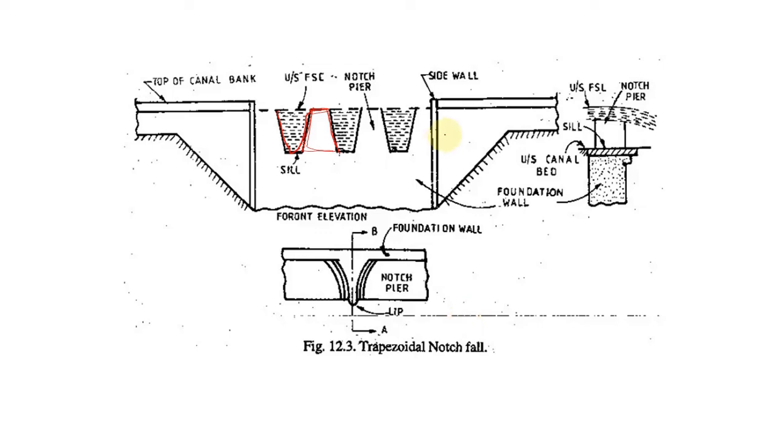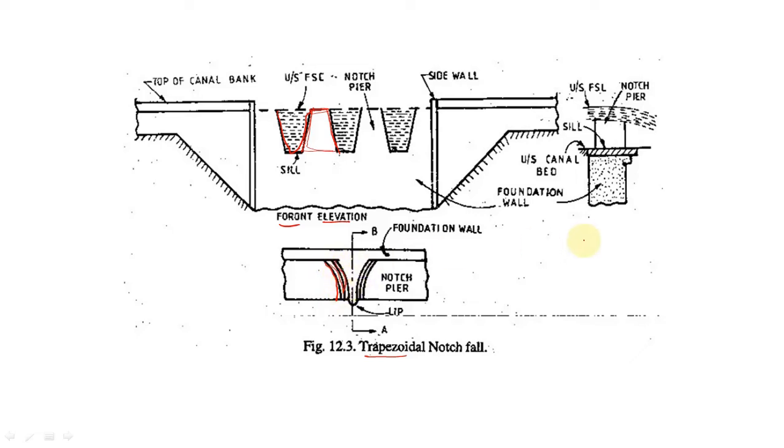Just observe this diagram, how the arrangement is. This is the front view, the front elevation, and see the top view, how the trapezoidal notch appears from the top. Here you can observe these arcs.